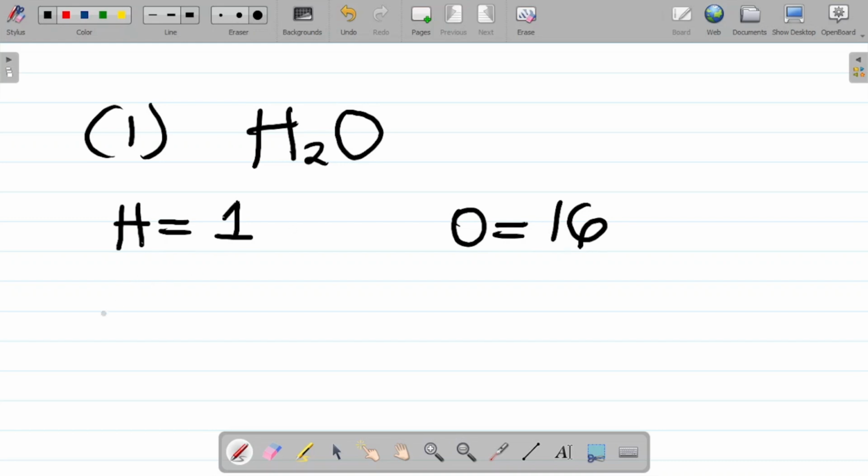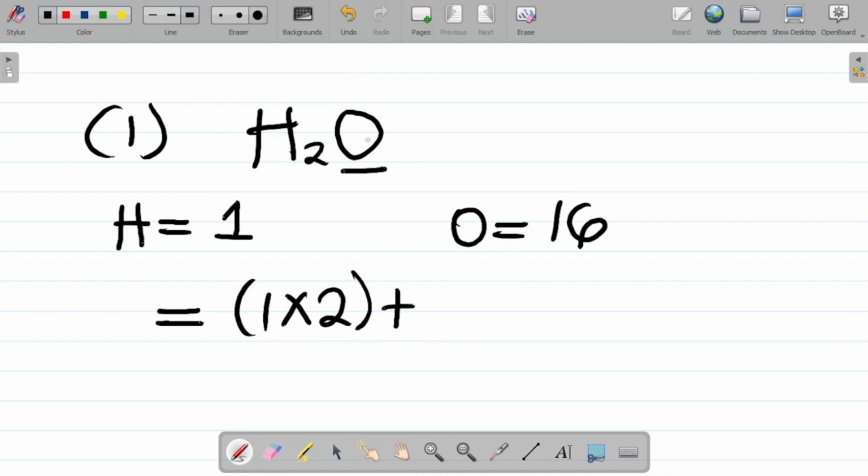Therefore the molecular mass of this compound is equal to, for hydrogen, H, the atomic mass is 1. But if you observe in my formula, we have 2 atoms of hydrogen. You have this 2 here attached to hydrogen, which signifies that we have 2 atoms of hydrogen in the compound.